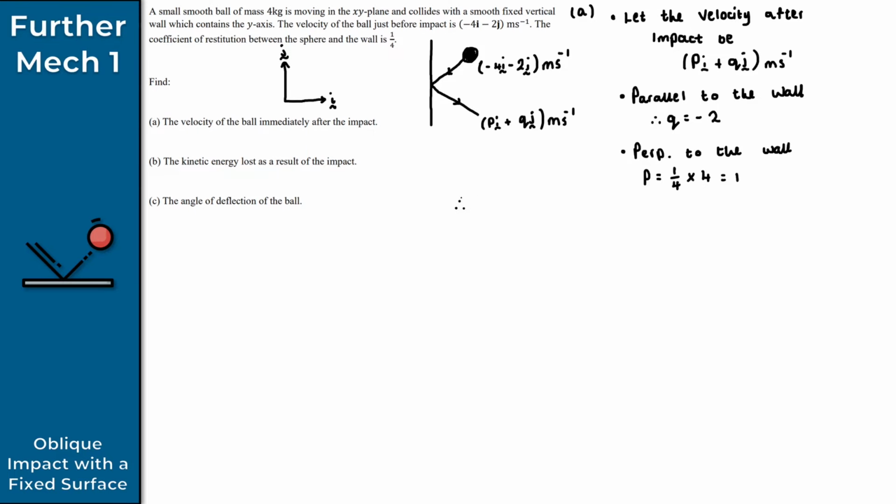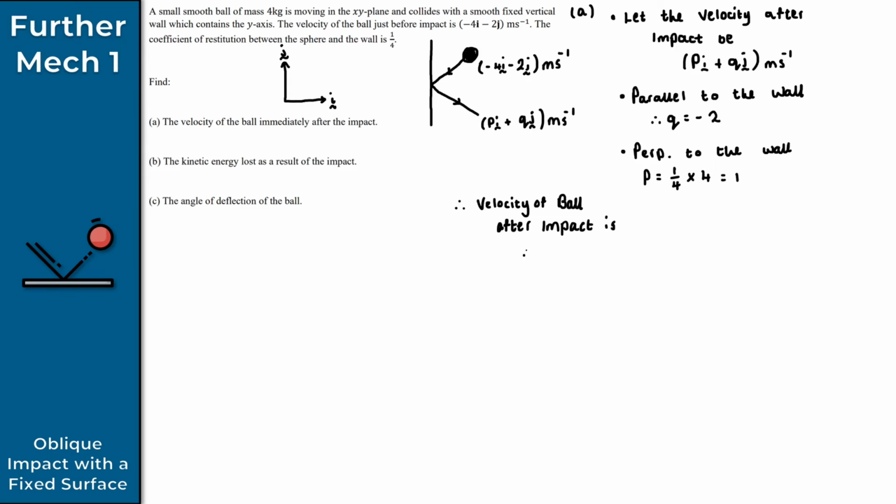Okay. So to finish with them, we can just state here that the velocity of the ball after impact will be the following. So what do we get here then? So I've got P here, which is just 1.